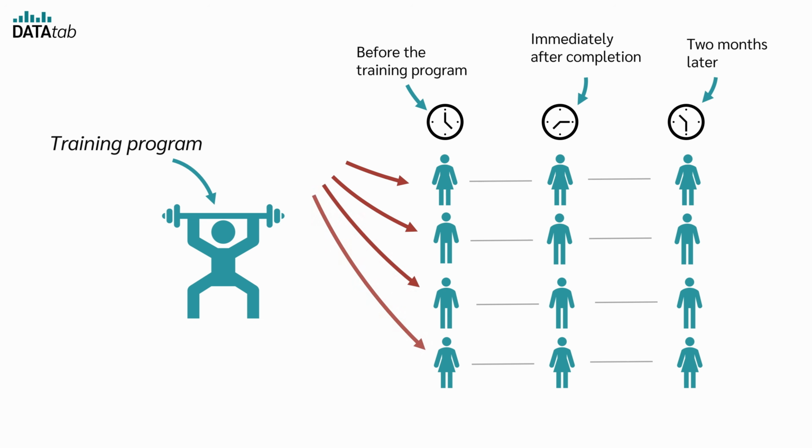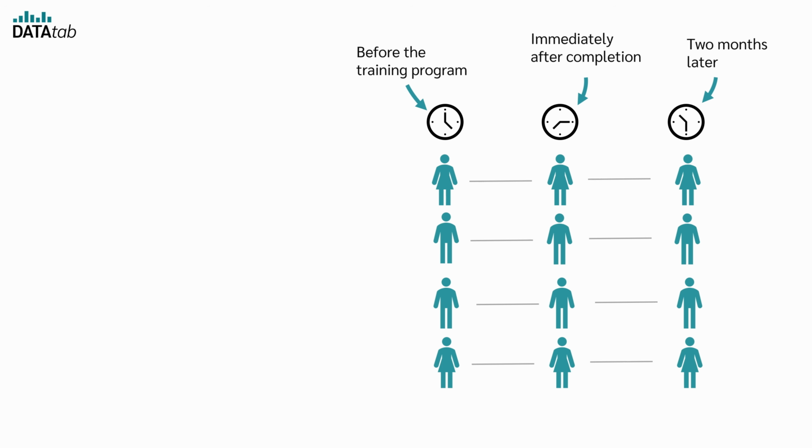So for each participant, we have a value for physical fitness before the program, a value immediately after completion, and a value 2 months later. And since we are measuring the same participants at different points in time, we are dealing with dependent samples.